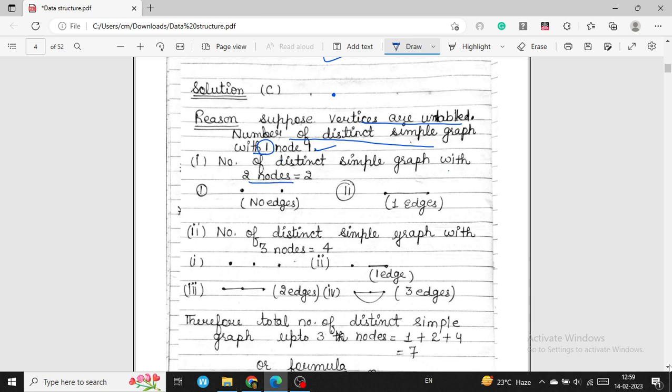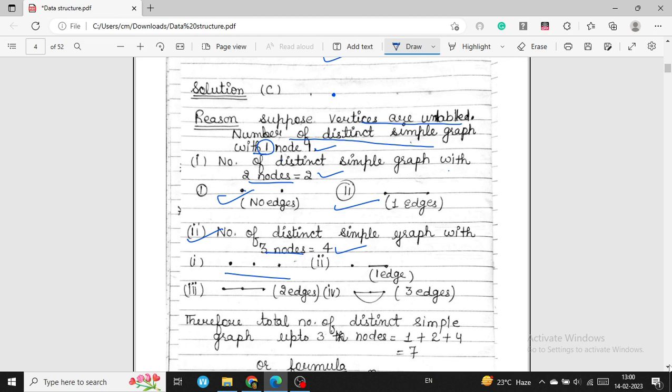And with 2 nodes, you can draw 2 graphs, without edges or with one edge. With one edge, one graph will be drawn and another graph will be drawn with no edges. And with 3 nodes, you can draw 4 types of graphs: without edges, 1 edge graph, 2 edges graph and 3 edges graph.